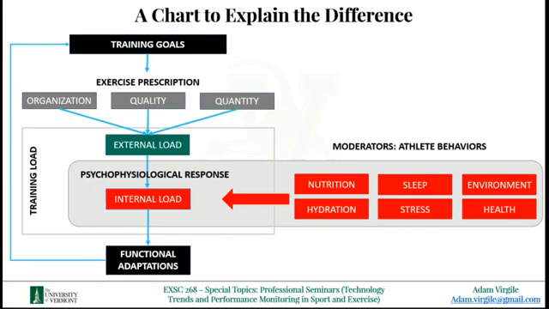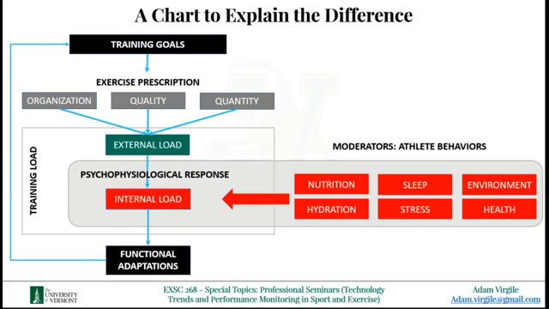I think that the first author on that paper was Franco Impellizzeri. The group did an amazing job at portraying the interaction between external and internal load in their graph, and I pretty much stole it from them. And instead of listening to me, I would probably just stop right now and go read that paper to better understand these concepts, because I'll probably butcher the heck out of it.